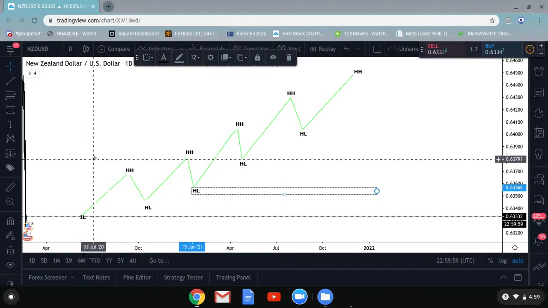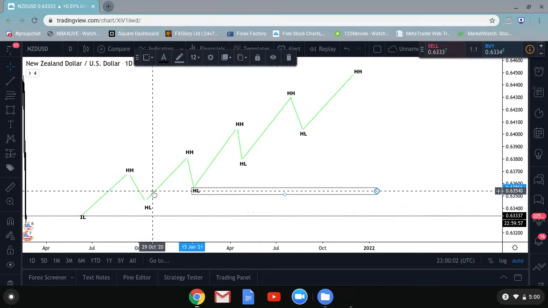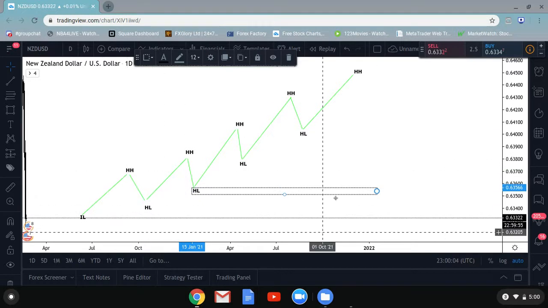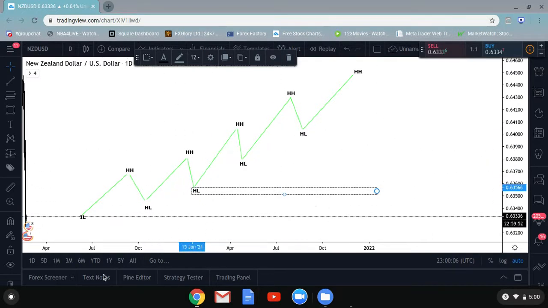So that is your bullish trend. Going back to structure, it is also a phase of the market move.